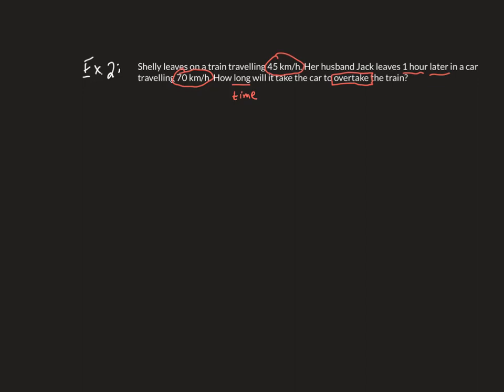We want to make our table. Remember, this table is going to have two parts. Just like in this question, we have two parts. There's a train. There's a car. Now, of course, we're talking about motion again. So because we're talking about motion, there's going to be the three different parts. You've got distance. I'm not going to fully write out D. You've got speed.